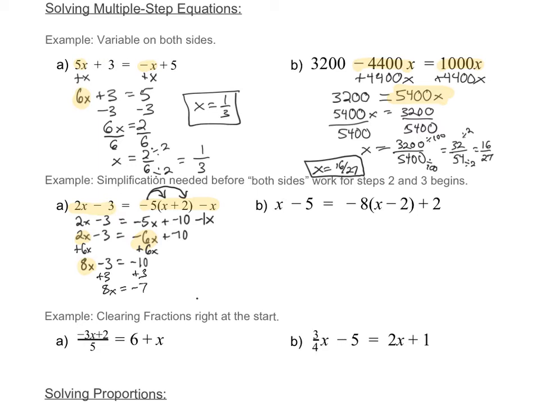So on the left-hand side, we end up with 8x. On the right-hand side, -10 plus 3 is -7. And finally, we can use multiplication or division to get the variable to have coefficient 1. So I divide both sides by 8, and I get the final answer, x equals -7/8.